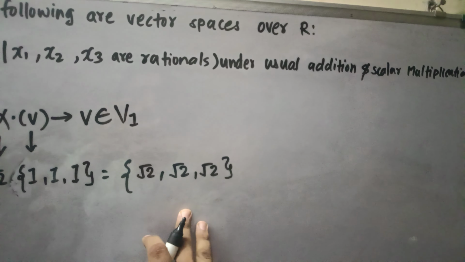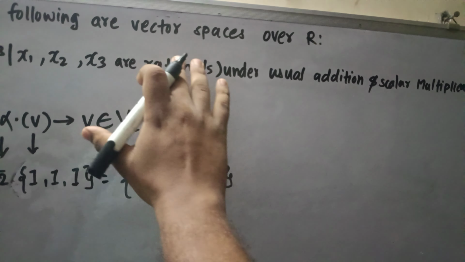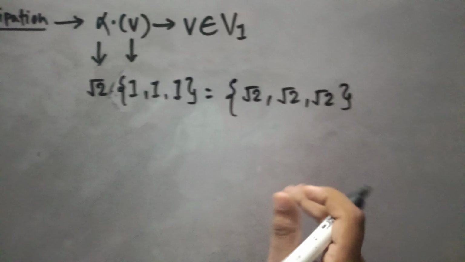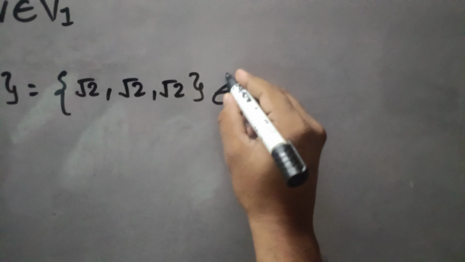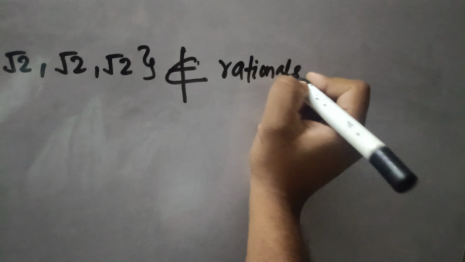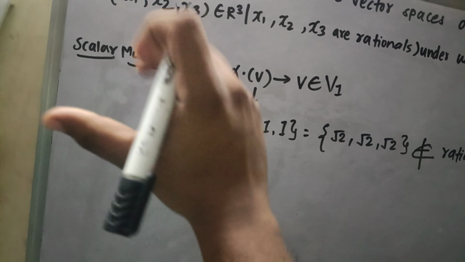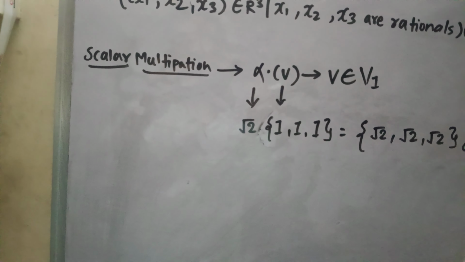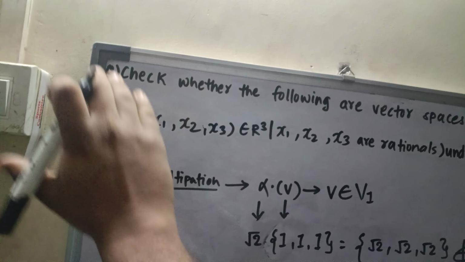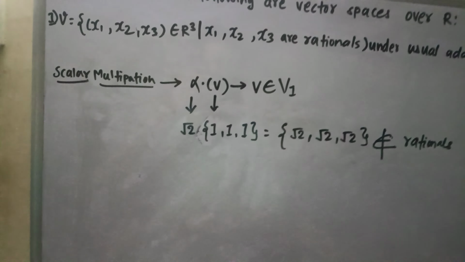Now, since it's given in the question that x1, x2 and x3 are rationals, and in this condition these are not rationals, our scalar multiplication condition is dissatisfied, and hence this set is not a vector space. Now let's jump to the second question.